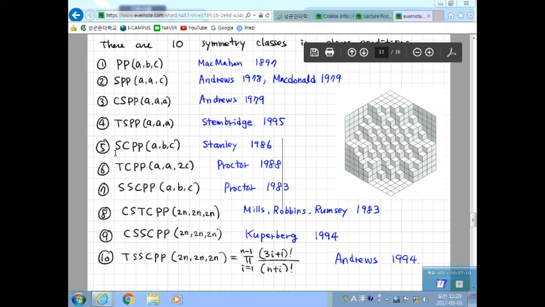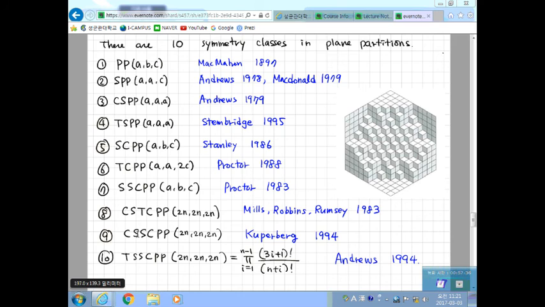Now, self-complementary. Transpose complement plane partition. Symmetric self-complementary plane partition, meaning it is symmetric and self-complementary. Cyclically symmetric transpose complement plane partition. Cyclically symmetric self-complementary plane partition. Finally, totally symmetric self-complementary plane partition, TSSCPP.